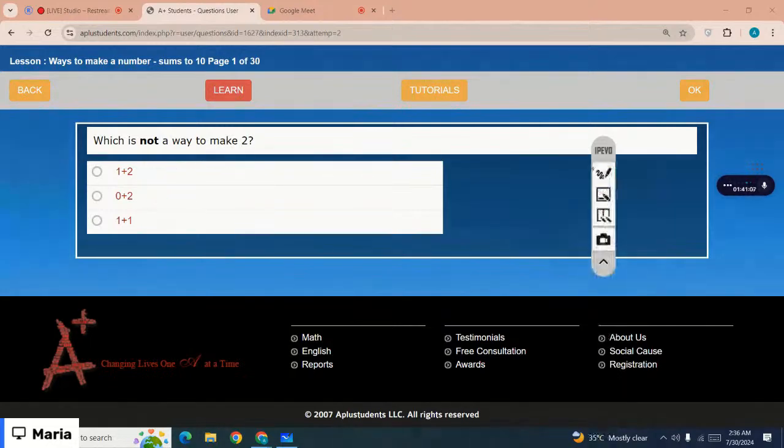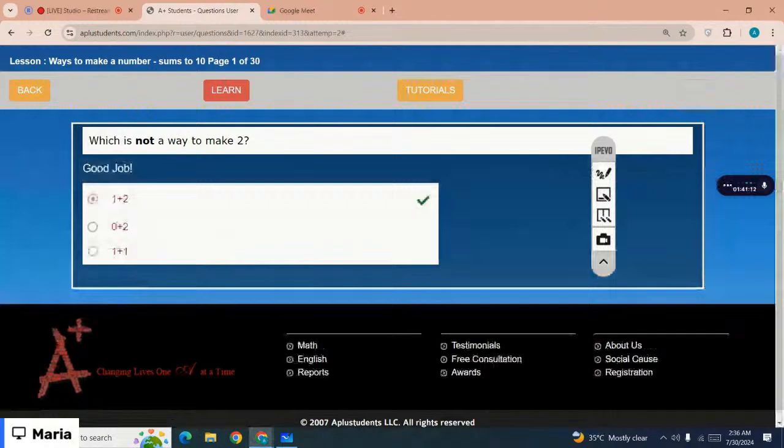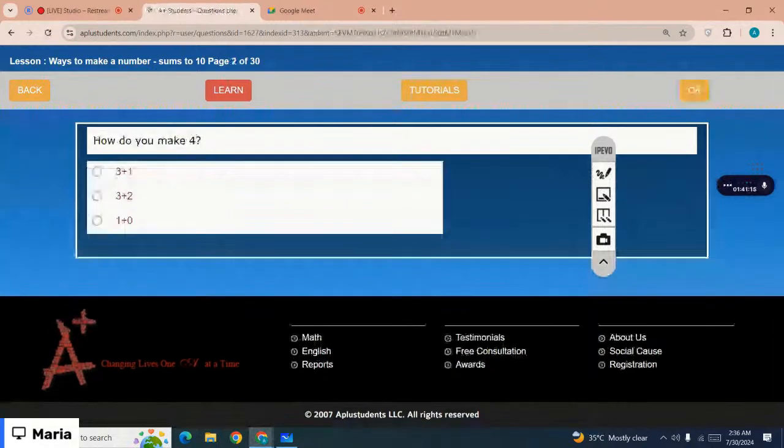0 plus 2 makes 2. You need to select the one that is not. So option number 1 is the correct option. How do you make 4, which is the correct option?